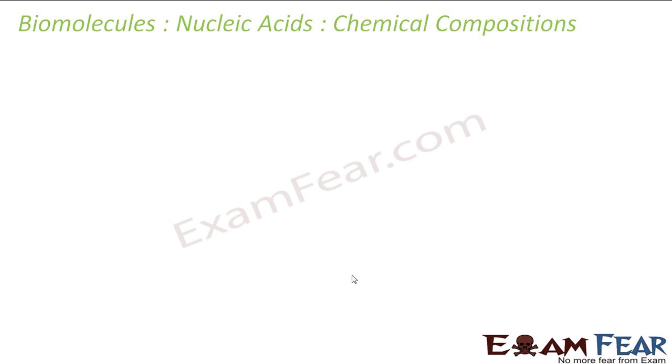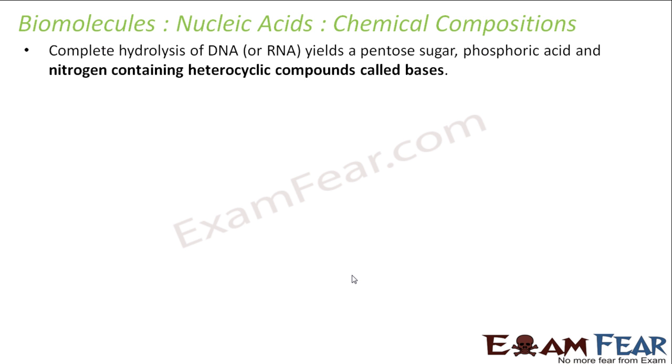So let's see the chemical composition of nucleic acids. Let's understand the nucleic acids more from the chemistry perspective, and here we will talk about the nucleotides also. When you do a complete hydrolysis of DNA or RNA, to understand the chemical composition, the best is to do reverse engineering.